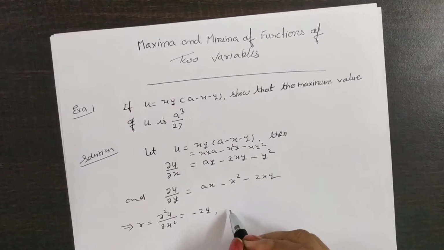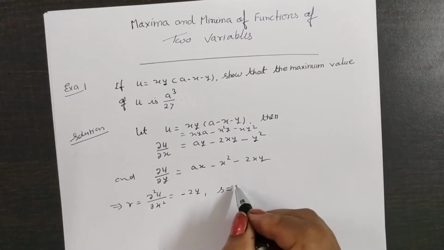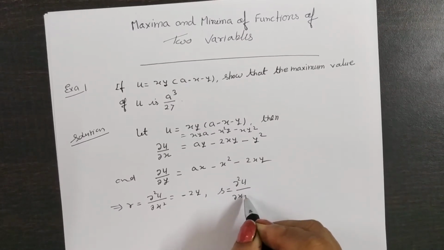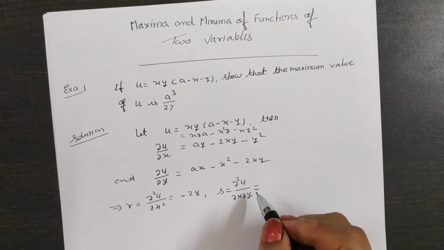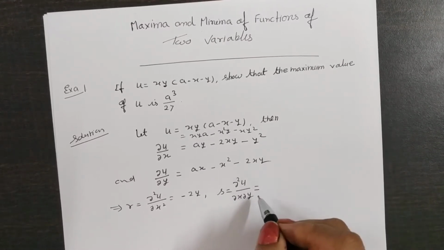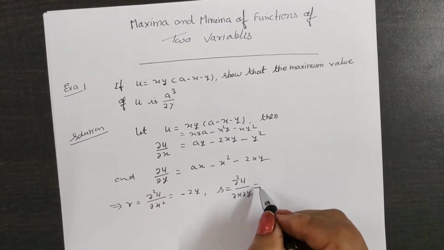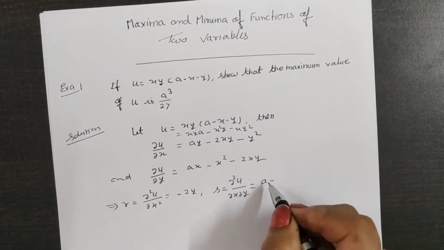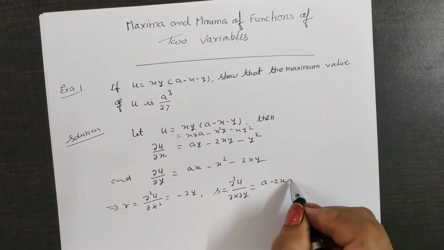And s, which is del 2u by del x del y, on differentiating again gives a minus 2x minus 2y.